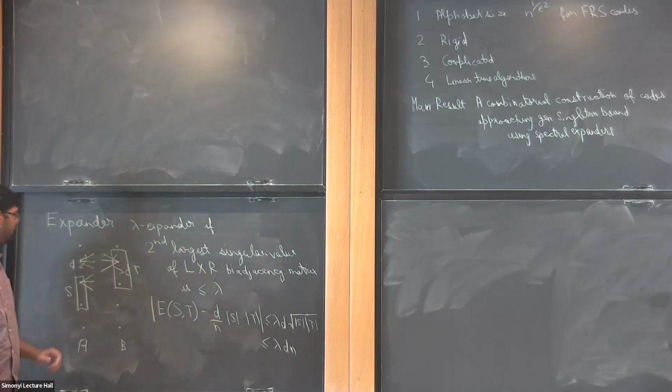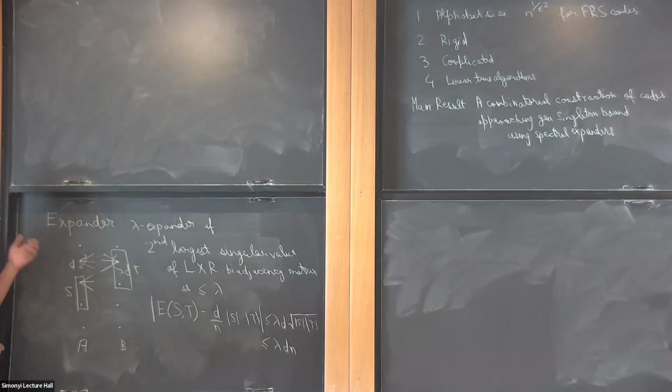Okay. And the key part is that there exist constructions of bipartite lambda expanders for lambda as small as we want. Just have to correspondingly pay the degree. So there exist infinite families of such graphs. We are going to leverage that pseudo-random object, that infinite family, to construct an infinite family of codes based on these graphs.